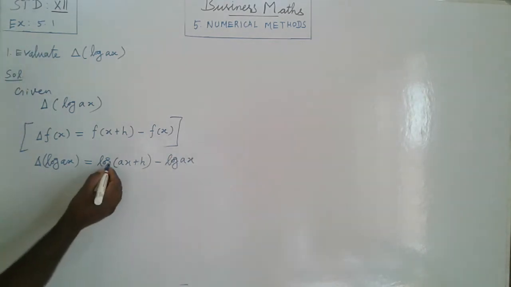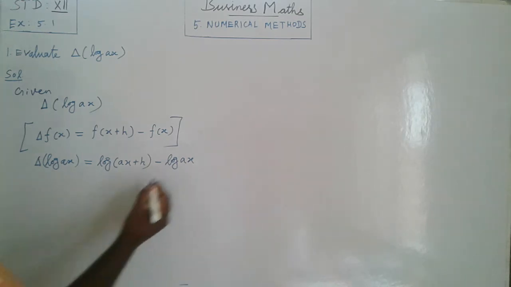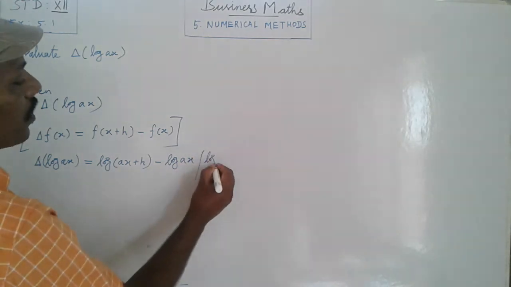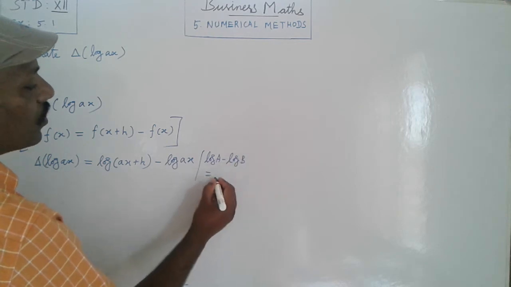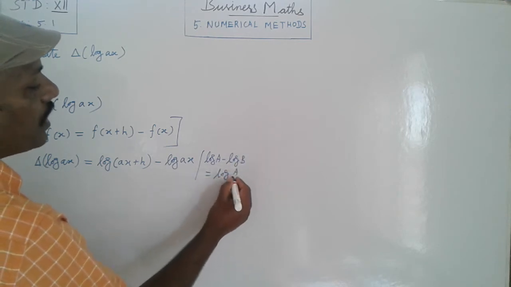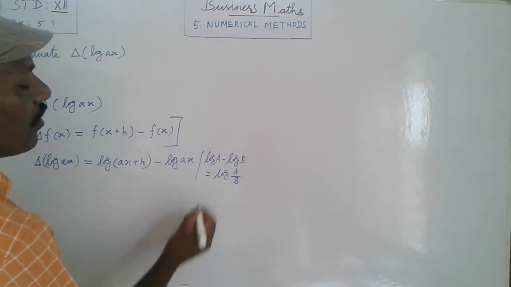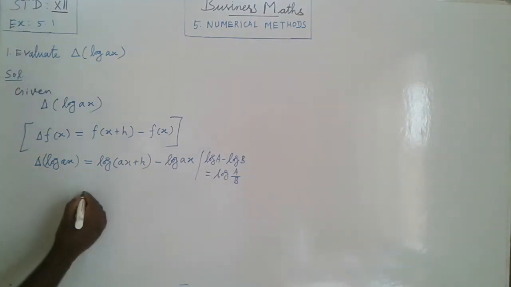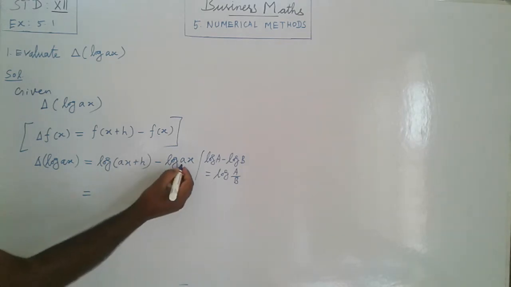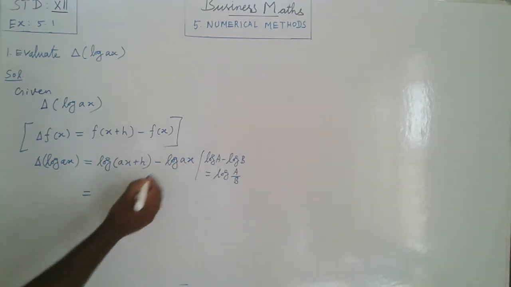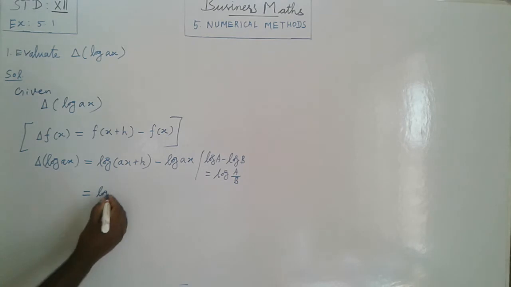We know the formula log a minus log b equal to log a by b. Substituting this, a is ax plus h and b is ax.